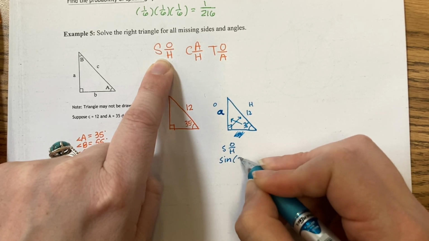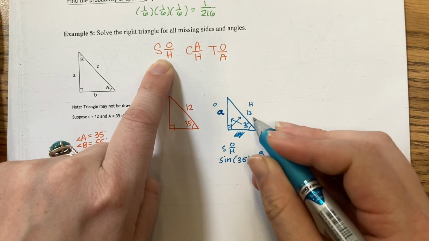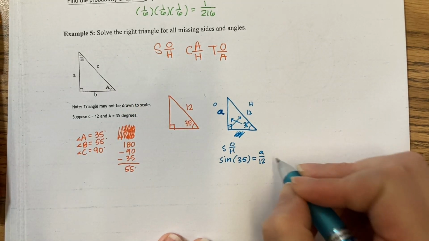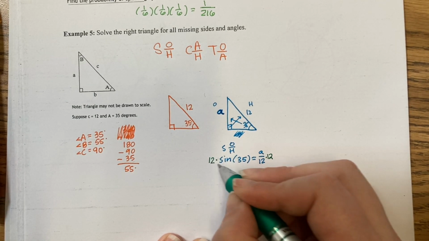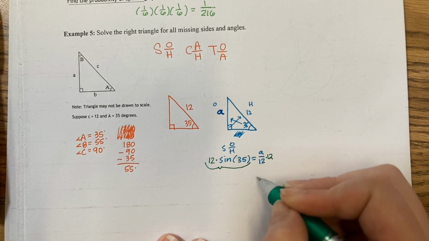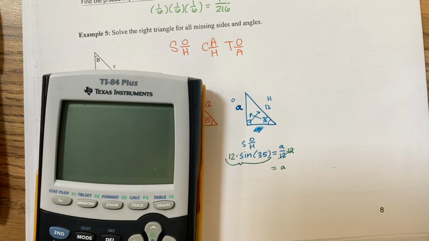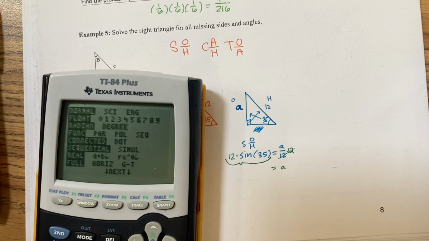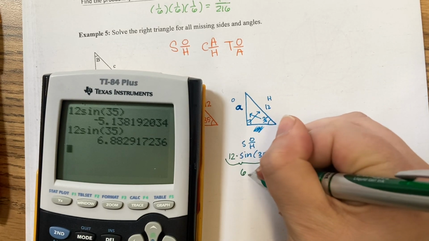Sine of my angle equals O over H. I then times by 12 and enter this on my calculator to find A. 12 sine of 35 is, I need to fix my mode, it's in radians, 6.9.